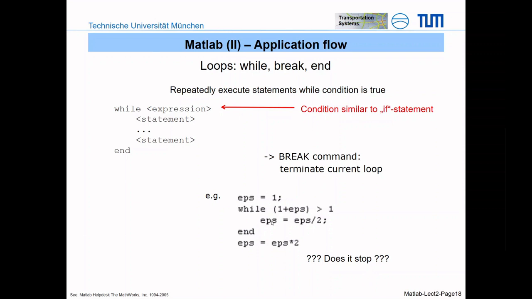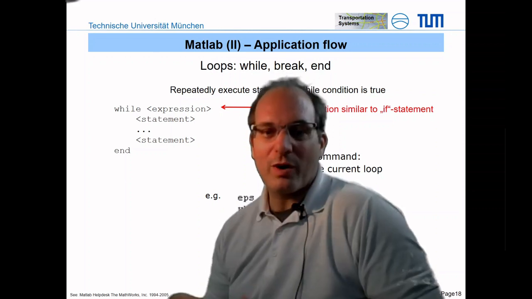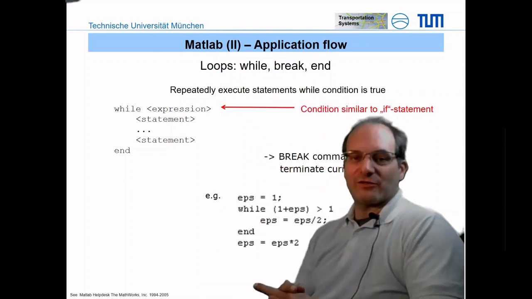Let's walk through this while loop. So remember, we set the initial value, then we compare and run this block of commands as long as we have a true here in this statement, and if it is not true anymore, it stops. So what do you think do we get here?